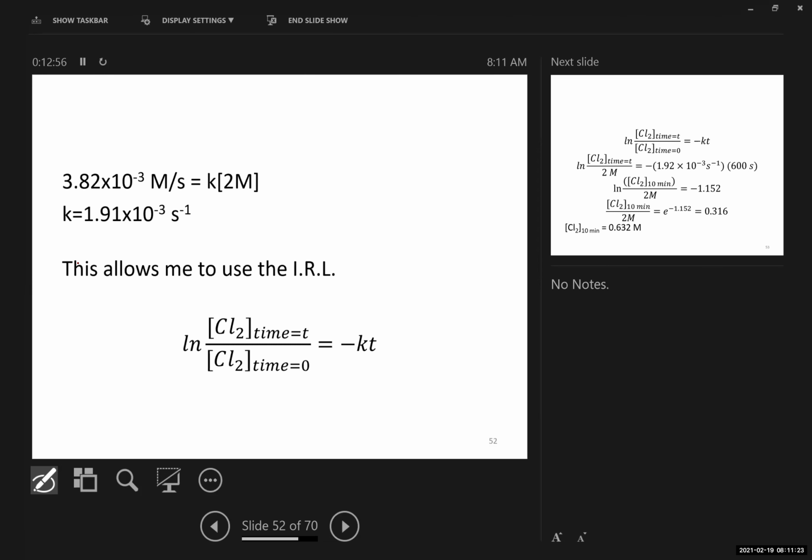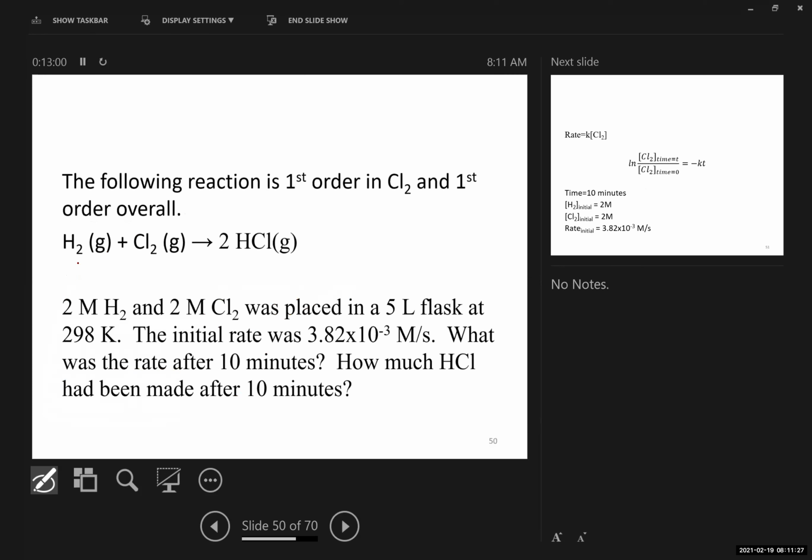Again, it doesn't actually ask me for the chlorine concentration, right? It asks me for the rate. I have no equation for rate that depends on time. It asks me for the HCl. I have no equation that tells me anything directly about HCl, but the HCl came from here, right?